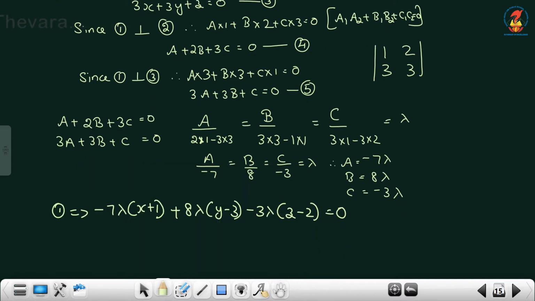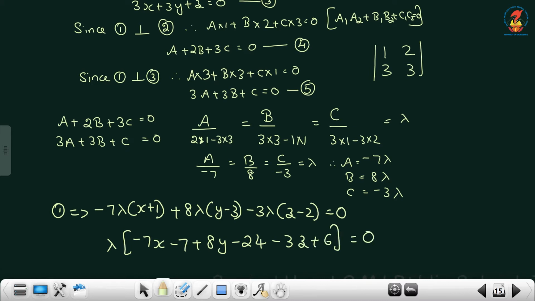Now lambda you can take outside. Minus 7x minus 7 plus 8y minus 24 minus 3z plus 6 equal to 0. Lambda take to the right hand side, 0 by lambda becomes 0.